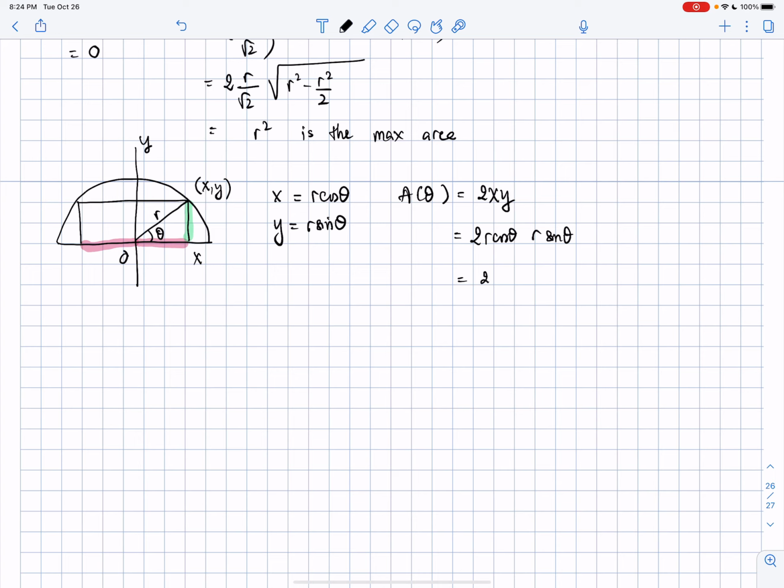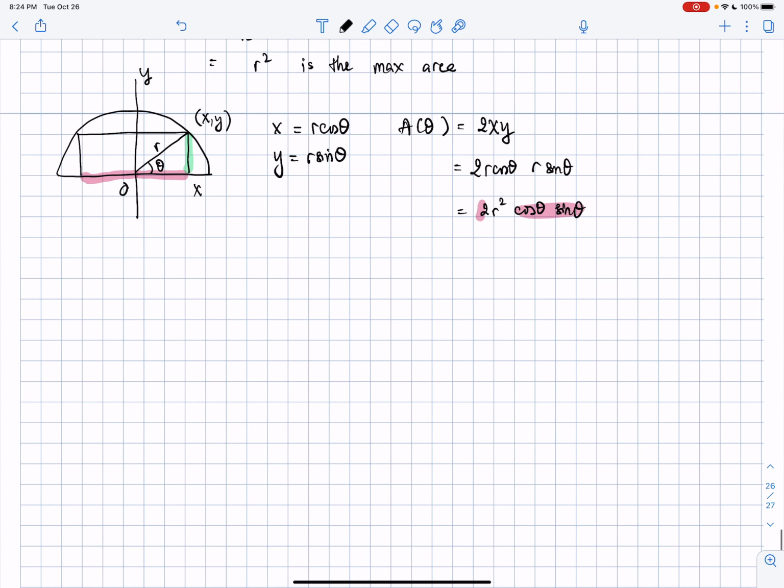And we get 2r squared cosine theta sine theta. But we learned from trigonometry that 2 sine theta cosine theta is sine of 2 theta.